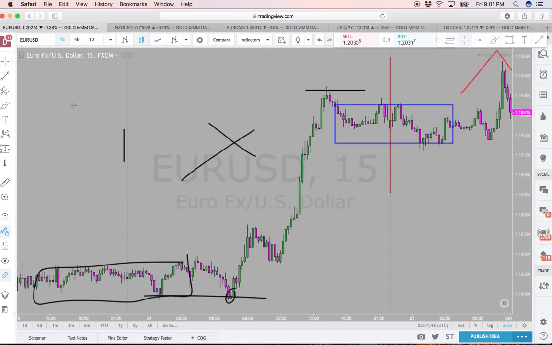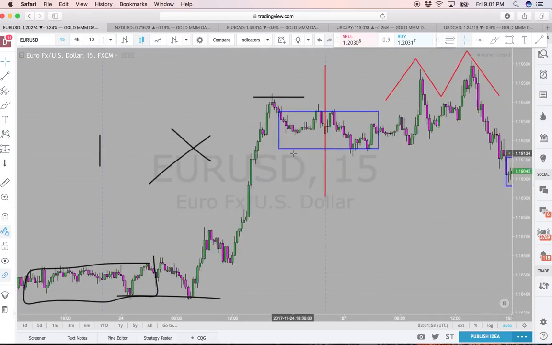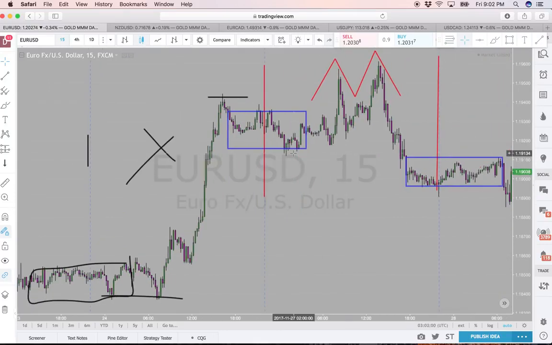Now, let me explain a little bit more about how the retail trader trades, how we were taught to trade. We were taught this, you guys. Like where did we get our information? Okay, why do 90% or more, I think it's like 98% of retail traders fail?